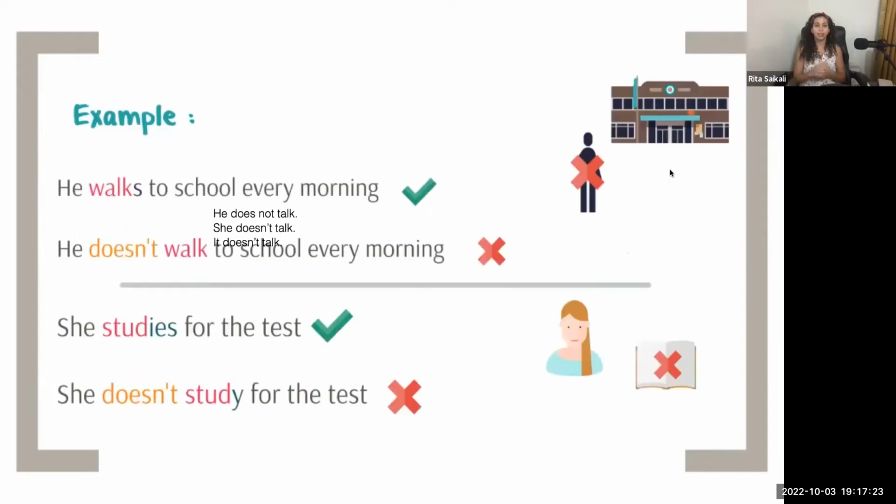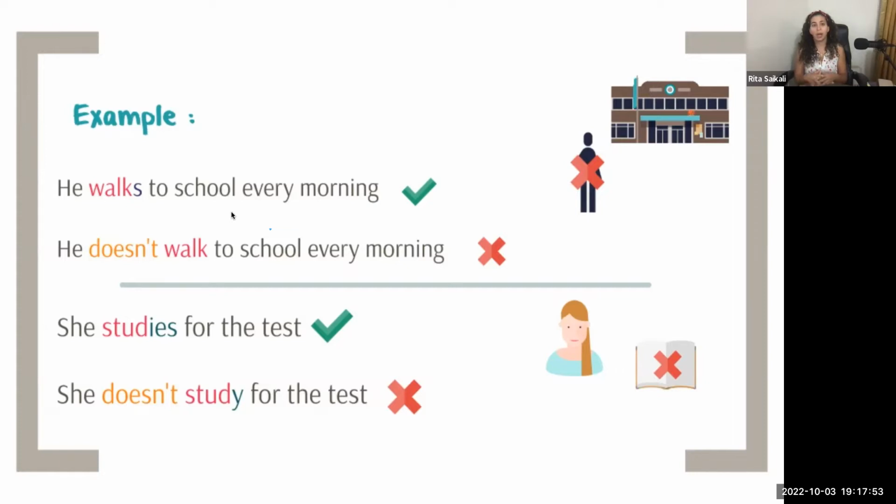All right, so these are some examples. Let's delete this. This is not gonna let me delete anymore. Come on. There we are. All right, so examples. He walks to school every morning. Notice we added the s, we conjugated the verb. He doesn't walk to school every morning.